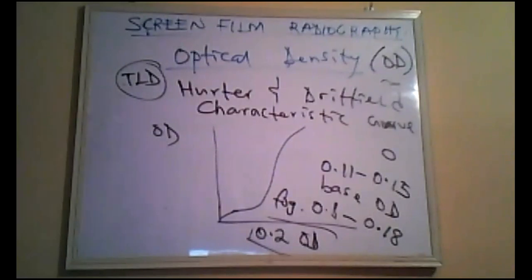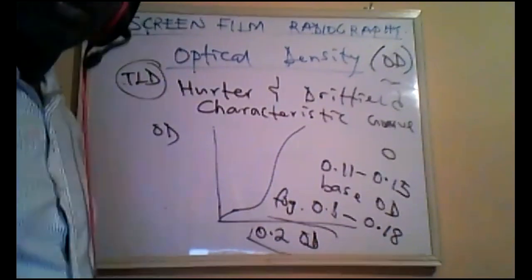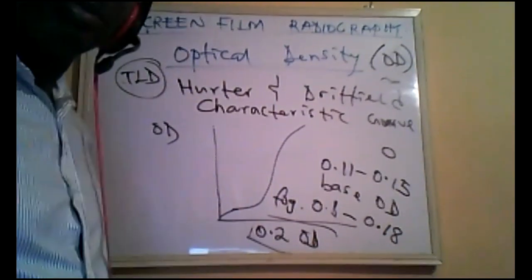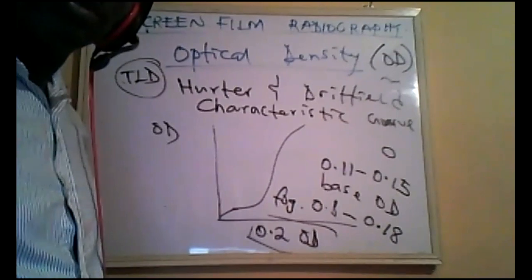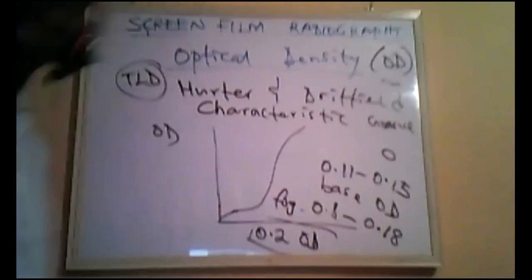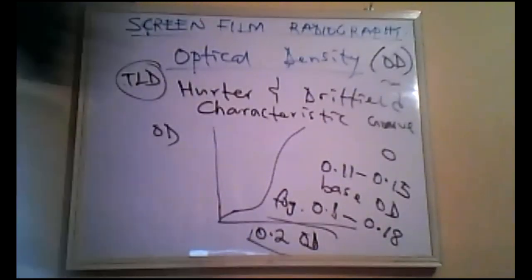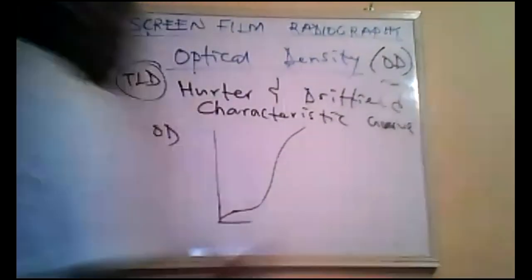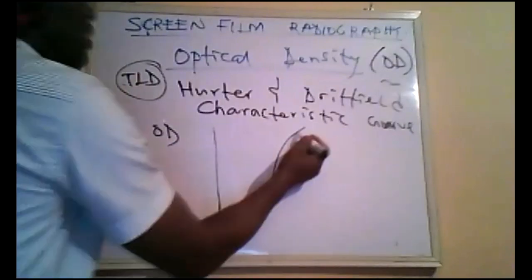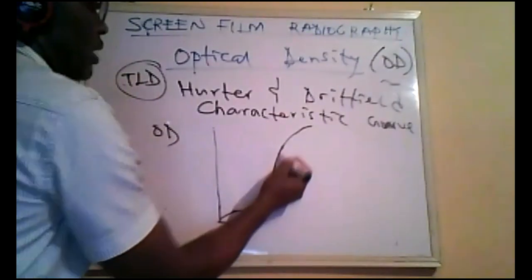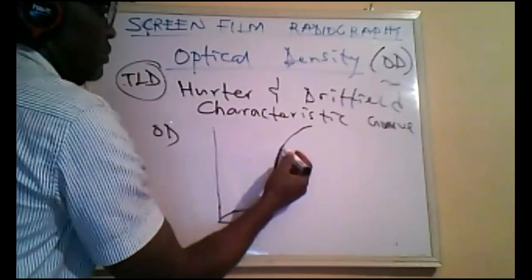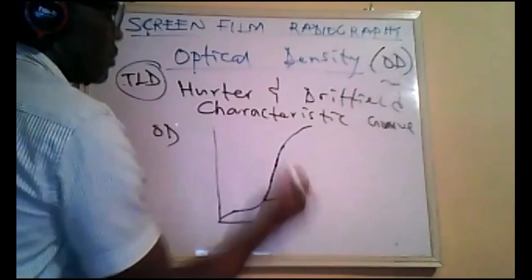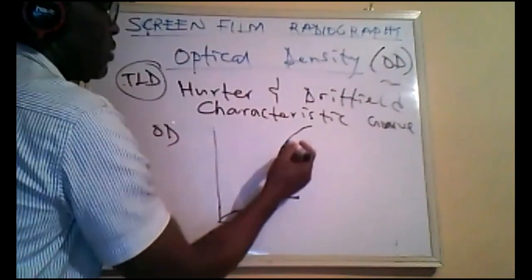The slope of the curve has got something to do with contrast. How do I mean? You can find the slope of this graph from knowledge of mathematics.